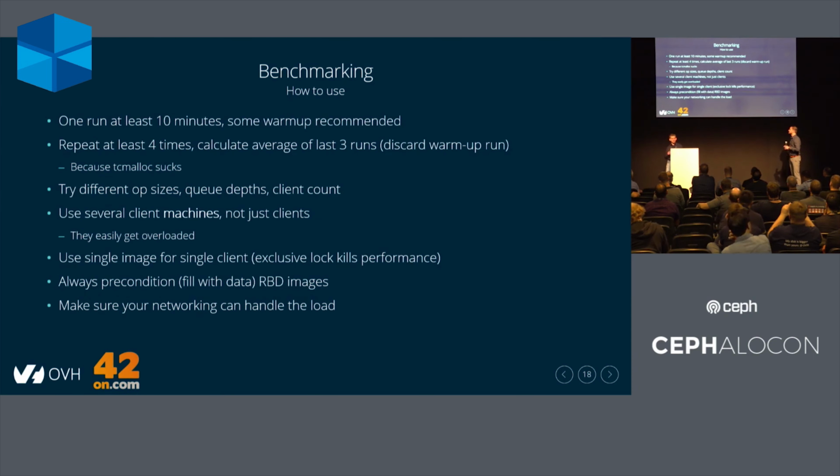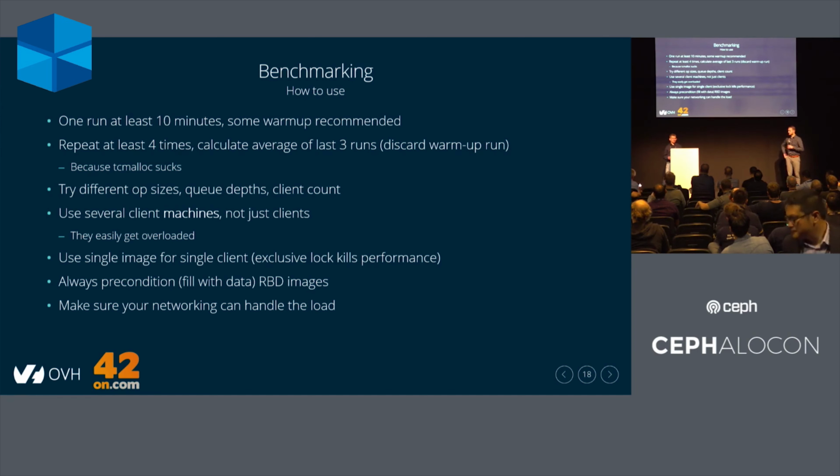How to run fio benchmarking is quite important, because you should make sure it's at least 10 minutes with some warm-up, because 1 minute will not give you the real performance characteristics. There are some issues with that, because there are some caches in the way that can be filled very fast, and then the real write performance takes over.